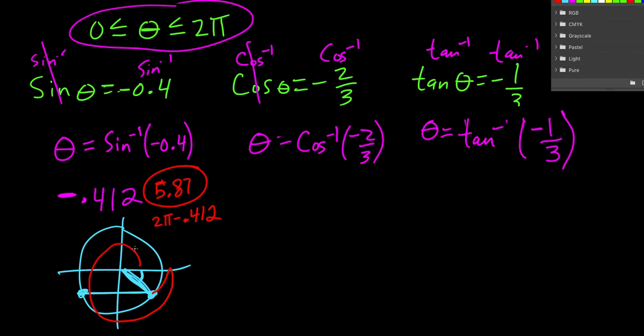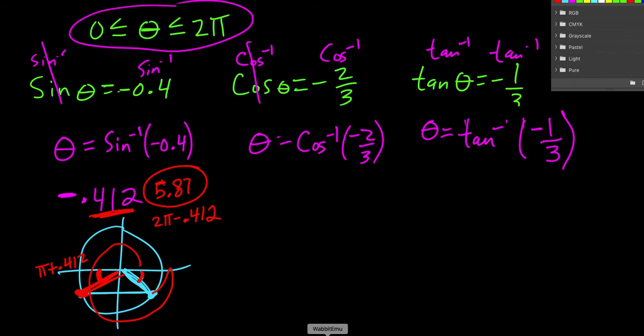Okay, now if we look at this diagram, the angle from here to here is the same as the angle from here to here, which is this thing. So if we just take pi and add 0.412, we'll get the angle for that one.